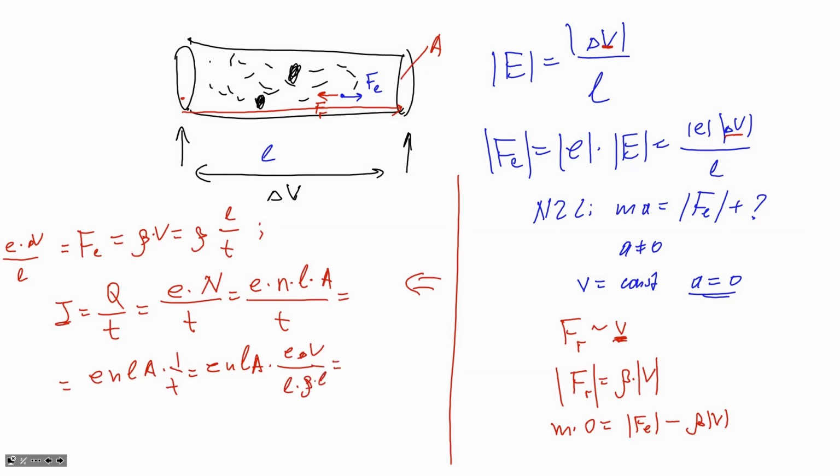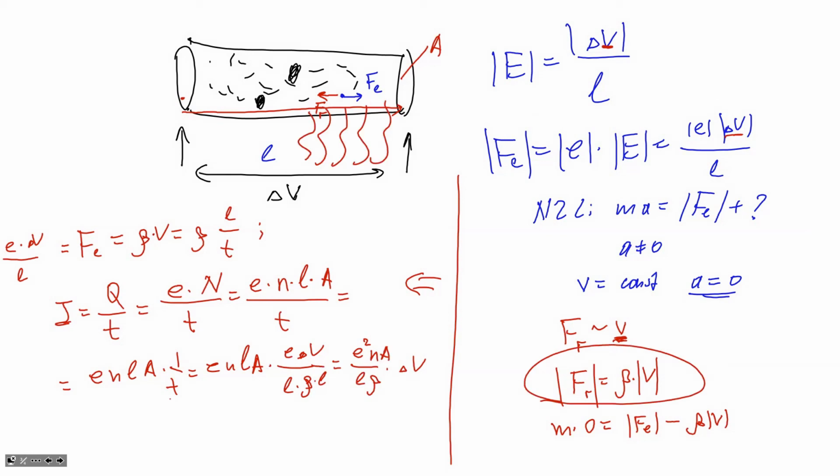So what does it give me? Charge squared, density of the electrons, length, area, 1 over length, beta and voltage. What we see now is an equation that relates electric current traveling through a device and the voltage applied to it.